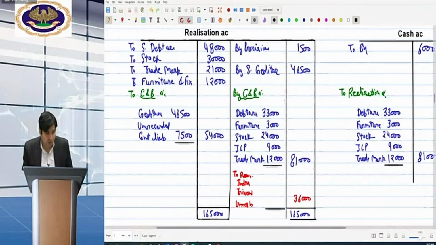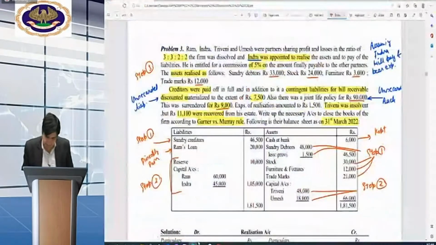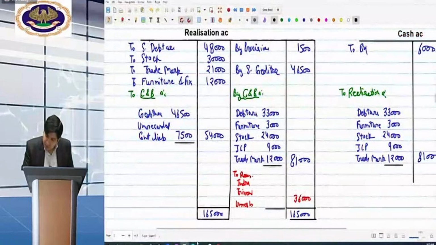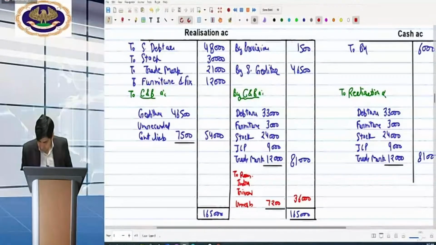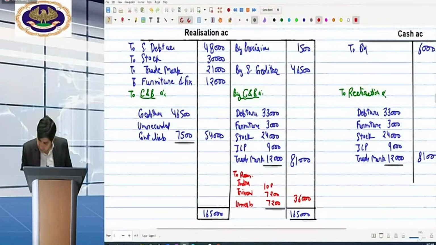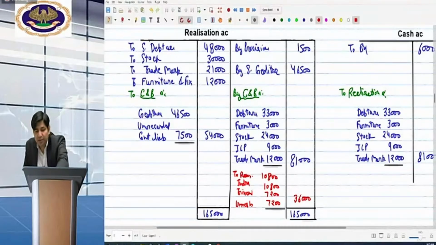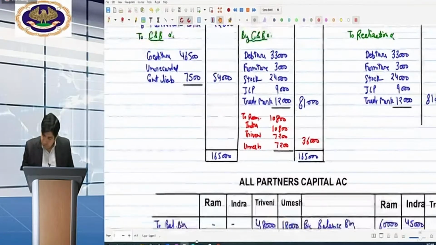What is the ratio? 3322. Three, three, two, two, total 10. 3,600, 7,200, 7,200. Then 7,200 multiplied by 3 divided by 2 is 10,800, and 10,800. The 36,000 loss has to be posted to the partners' capital accounts.